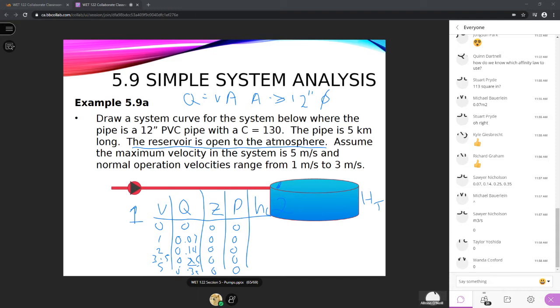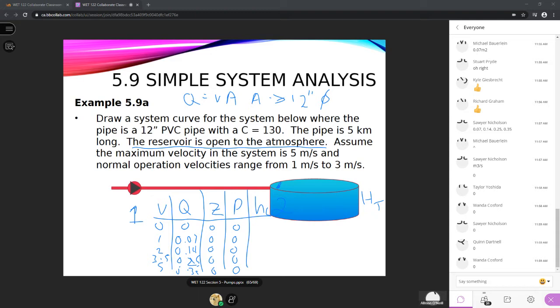But what we have to do now is figure out what the head losses are that we have to overcome. So what are the head losses when our velocity is 0? Yeah, definitely 0. We have no moving water, we can't have any head losses.